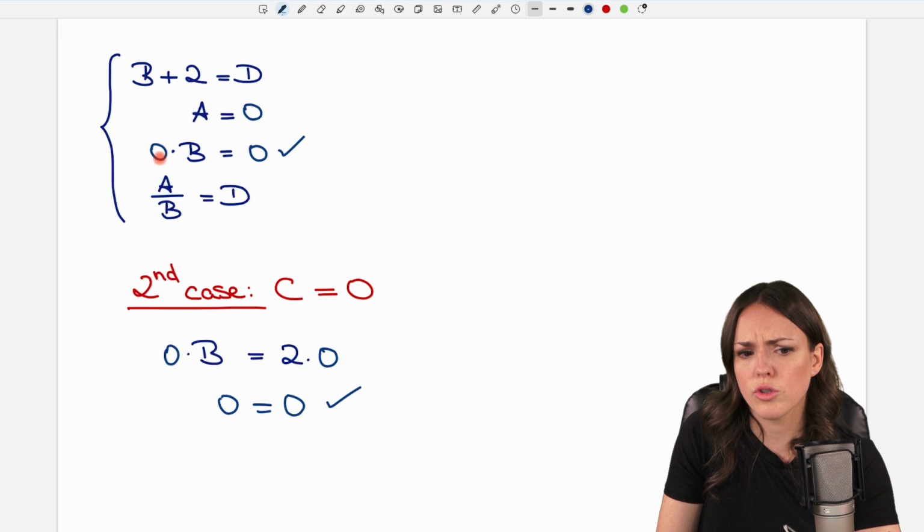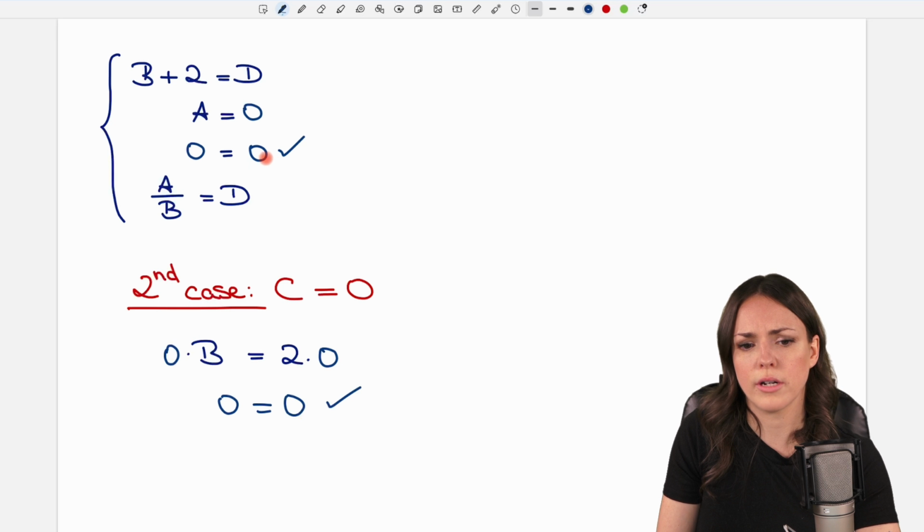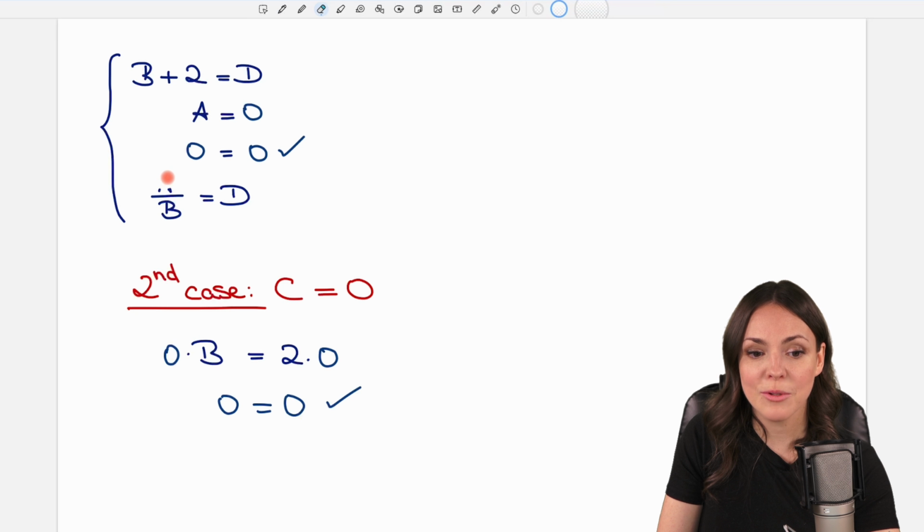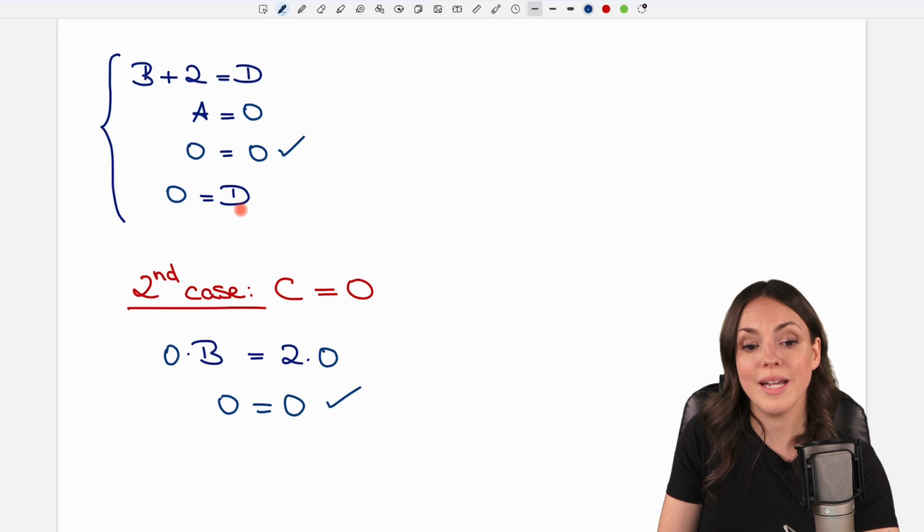Yeah, that's correct. 0 times something is always 0, so I have 0 equals 0 again. Not a problem. What about the last one here? If my A equals 0, I have 0 over B, which equals 0 in total here on the left side. So my D is also equal to 0.